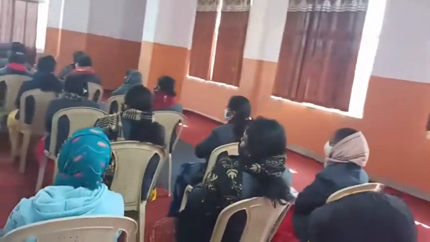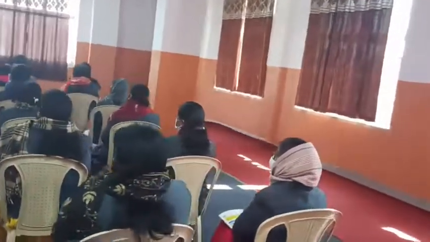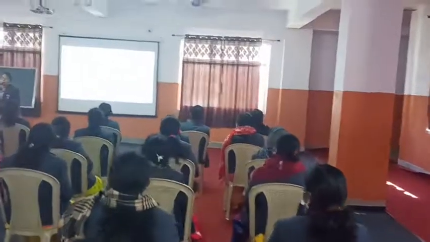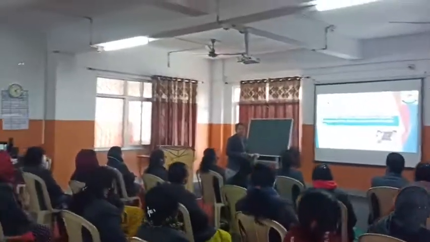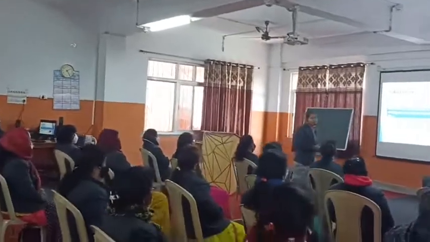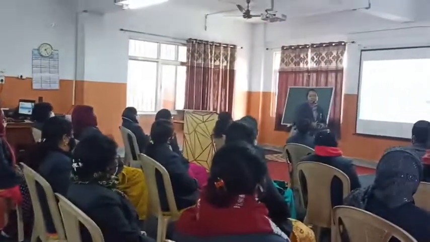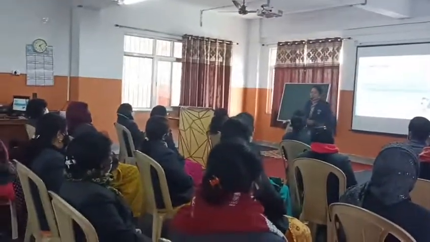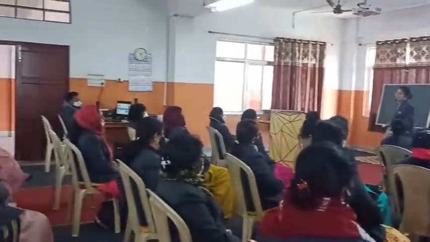Suppose in a class we taught them that 2 plus 2 plus 2 is 6. But after analyzing, what do they find? If we multiply 3 into 2, we also get 6. That means they are now able to analyze things. And we can also say they are now able to take an active part in their learning.